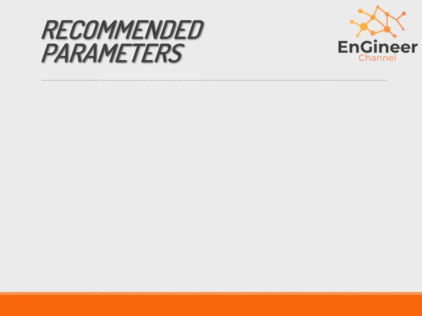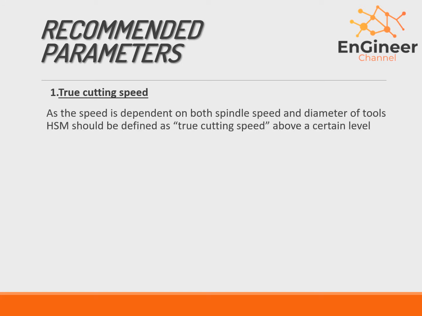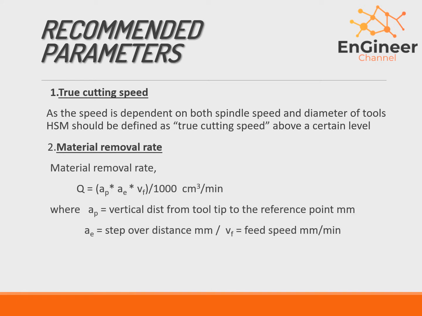Let's see what are the recommended parameters. The first recommended parameter is the true cutting speed, as the speed is dependent on both spindle speed and diameter of tool. HSM should be defined as true cutting speed above a certain level. The second recommended parameter is material removal rate.